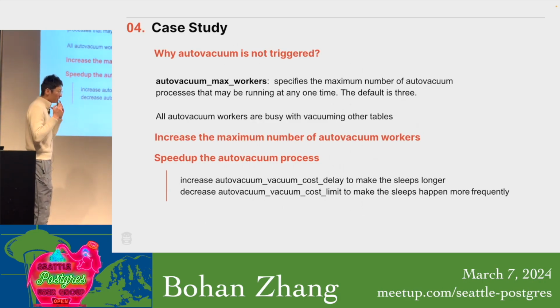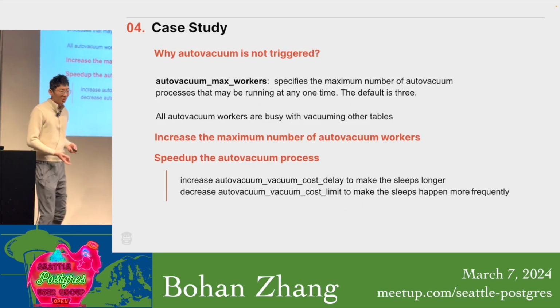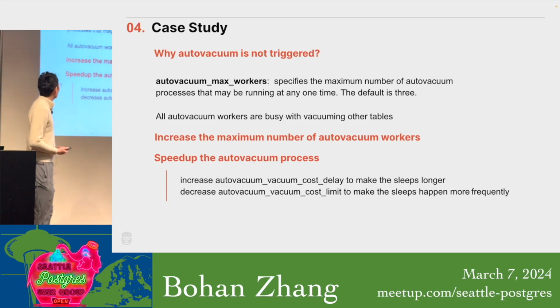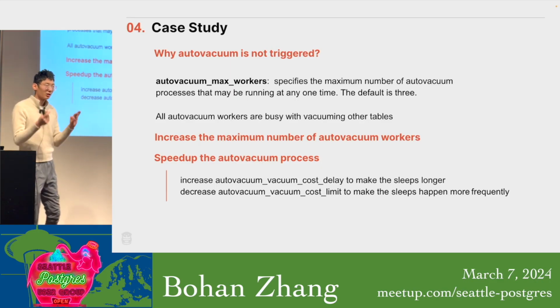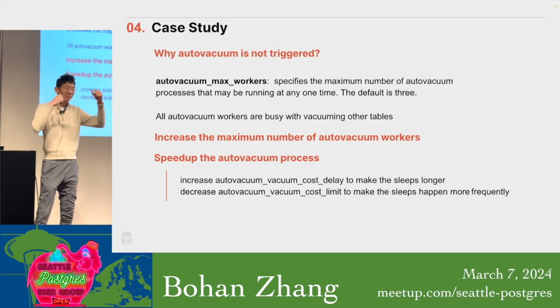there are auto-vacuum workers affiliated with vacuuming other tables. There is a parameter called autovacuum_max_workers. This parameter specifies the maximum number of auto-vacuum workers that may be running at the same time. The default setting is 3, which means you can only have 3 auto-vacuum processes running at the same time.